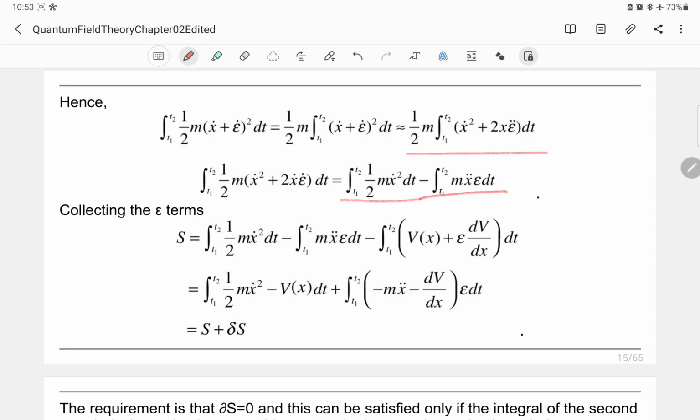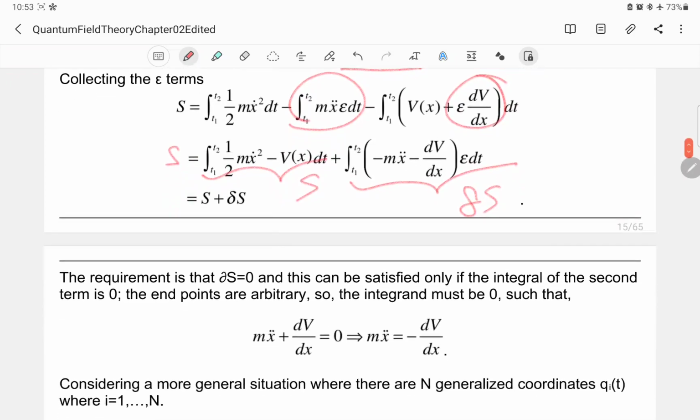Now collecting the terms with epsilon, we will have this term and this one here, so that we can rewrite the action to be this one, but this one is just the action, and this one would have to be your delta S, and we require that delta S is equal to 0.